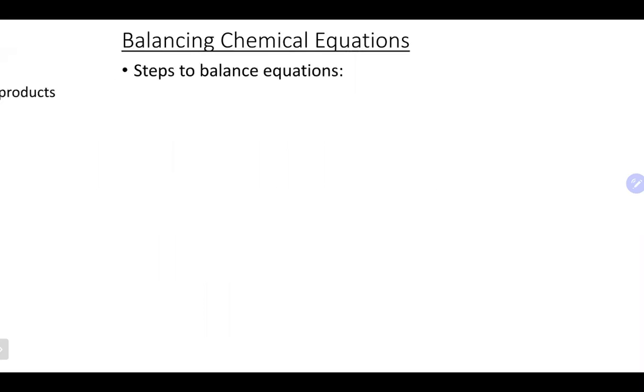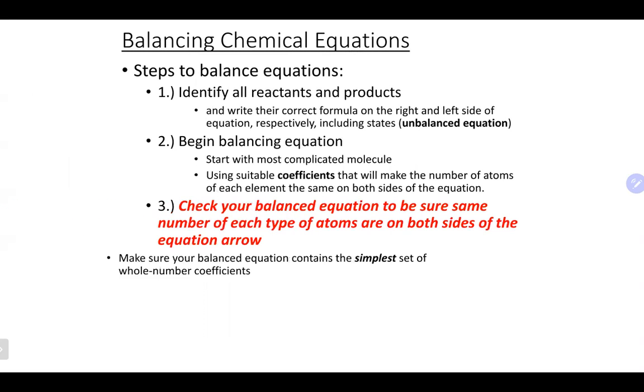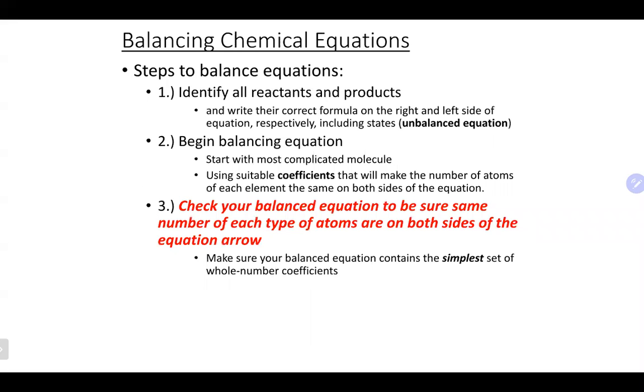So let's talk about balancing equations and some approaches to take. First off, if you happen to be given everything in words, like I mentioned earlier, you definitely want to make sure that you start with the correct formulas. It's very common for people to mess up because they try to balance and write the formulas at the same time.